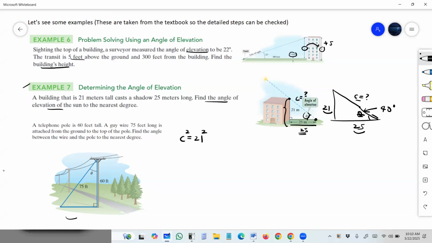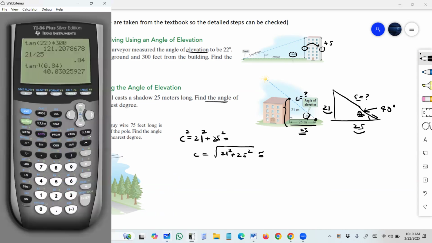So C squared is 21 squared plus 25 squared. Right, so we can do this very, very quickly. And then we would take the square root of both sides. And then we find the answer. Well, this is probably going to be an approximate value. So let's do that. So 21 squared plus 25 squared, and then we take the square root.